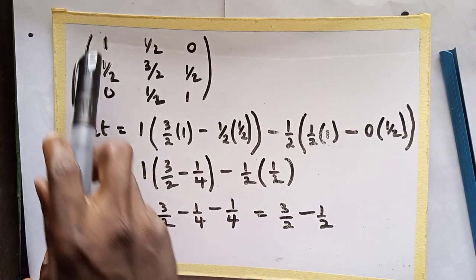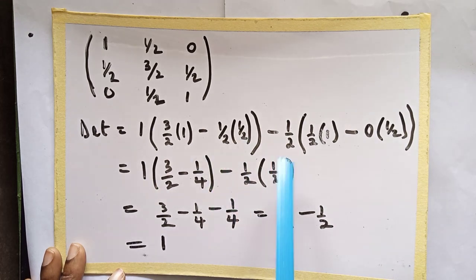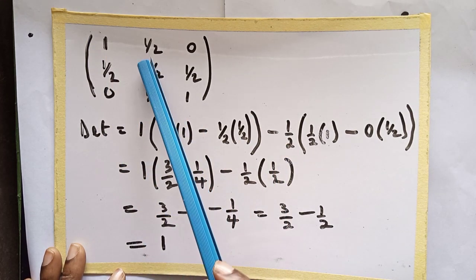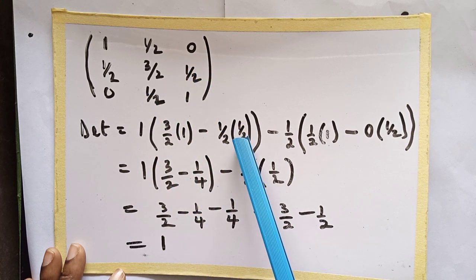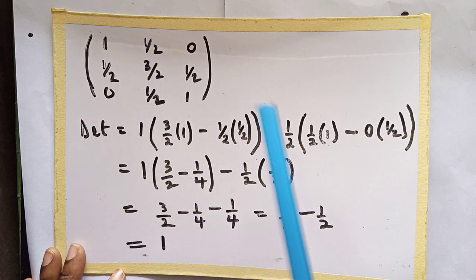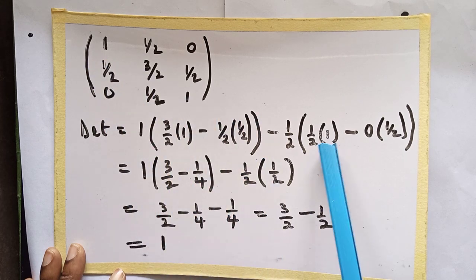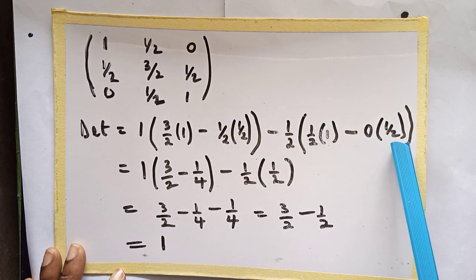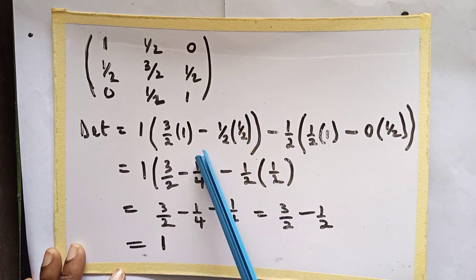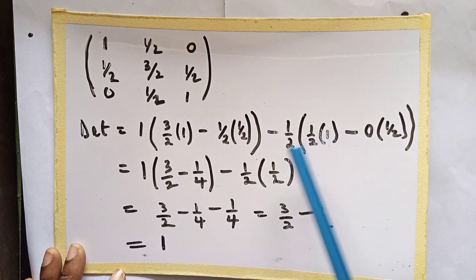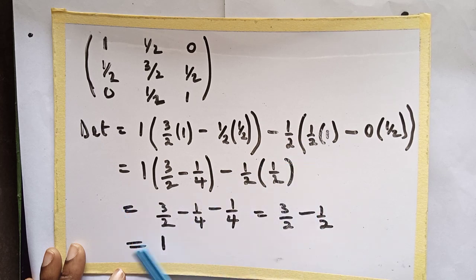We take 1 into bracket 3/2 times this minus this times this, which is this, minus half times 1 minus 0 times this, which will give me this. So by the time we simplify this, it will give me 3/2 minus 1/4. This and this will give me this expression. At the end of the day, we'll get 1.